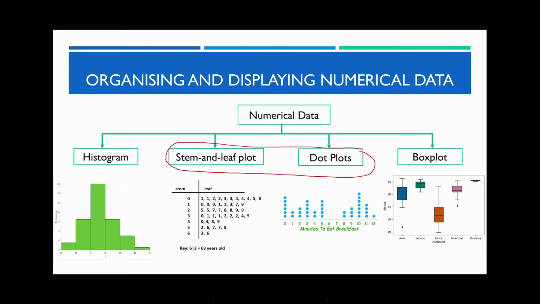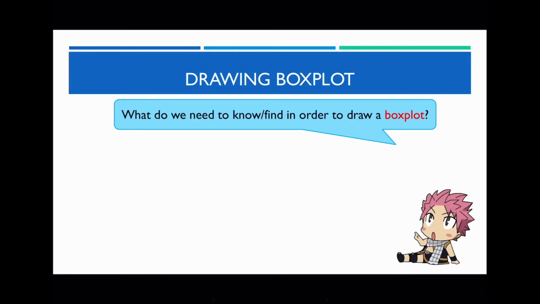So what we're going to be doing now is looking more closely at box plots. In order to draw a box plot, there are a few things that you need to know beforehand so that you can draw this correctly. You might know from your understanding from last year, but there are 5 essential things that you need to know so that you can plot this successfully.